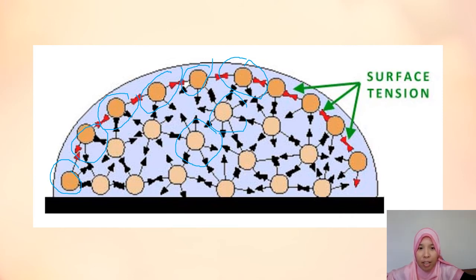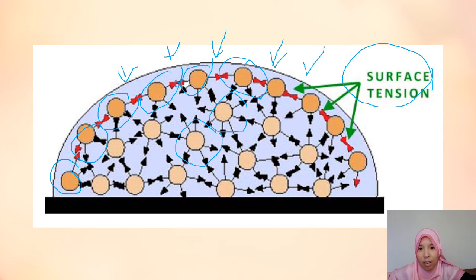This tight force is what creates the surface tension, and it's tighter at this surface. Remember we talked about that insect that can walk on water? This is the surface tension that builds up because of the water molecules, and it becomes hard enough for that insect to be able to walk on it, right?